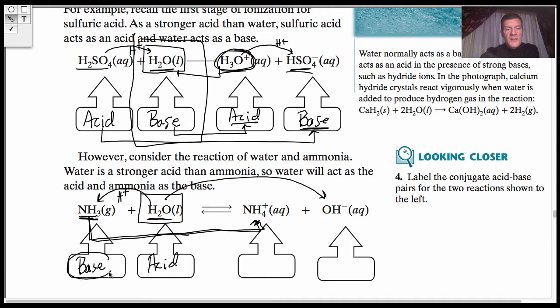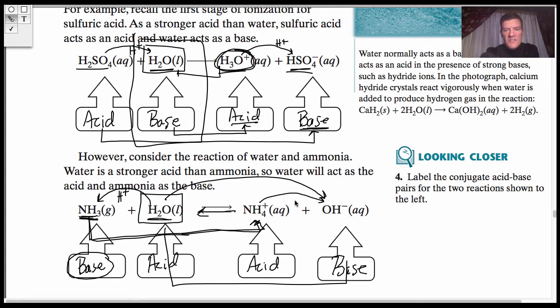So remember, a base in the forward direction is going to be acting as the acid in the reverse direction. Again, look at the reverse direction. If I was to go backwards, how do I go from the product side to the reactant side?